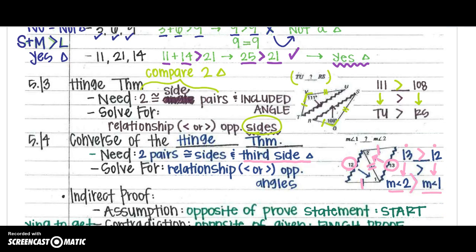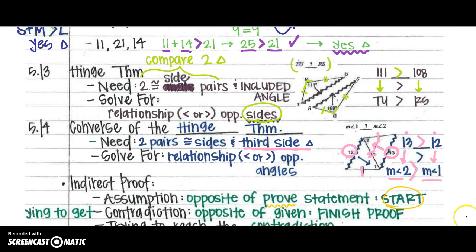Indirect proofs, remember, I'm going to start out with my assumption, and my assumption is just the opposite of my prove statement. That's where I'm going to start. I'm going to have the end in mind, so I'm going to figure out the opposite of my given, which is my finished product.